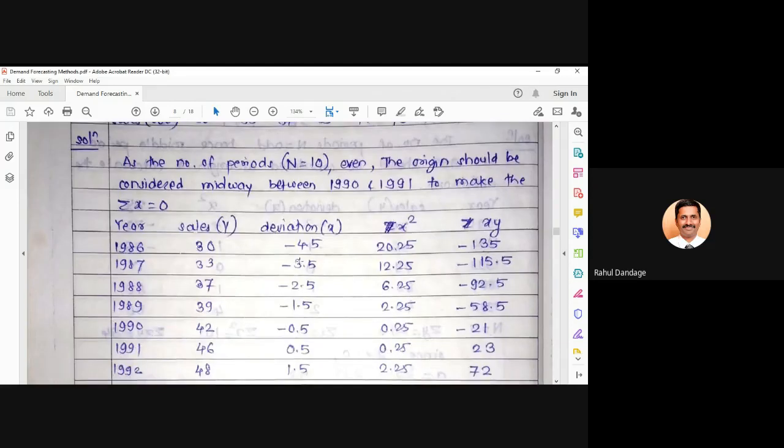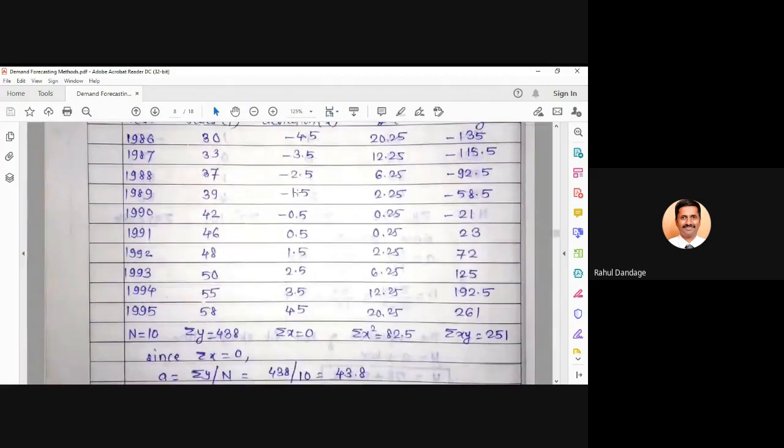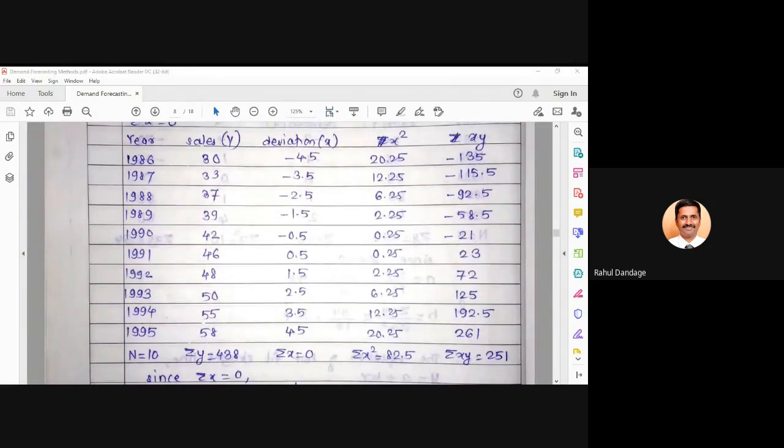So now you can see the tabular format. You have the year and sales. It is the same as the previous problem. Years are given 1986 to 1995, so the number of years is 10. You can see in the last row n is equal to 10. The corresponding sales, the dependent variable, is represented as y.